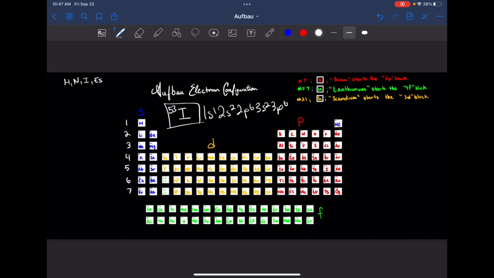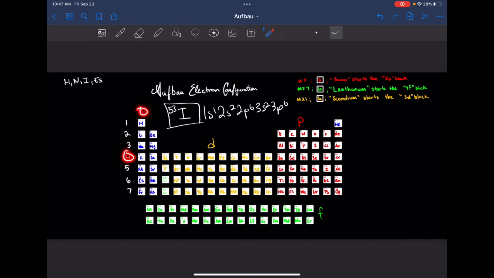So as you can see, we're just going through the periodic table like this, left to right, until we finally approach our iodine right here.